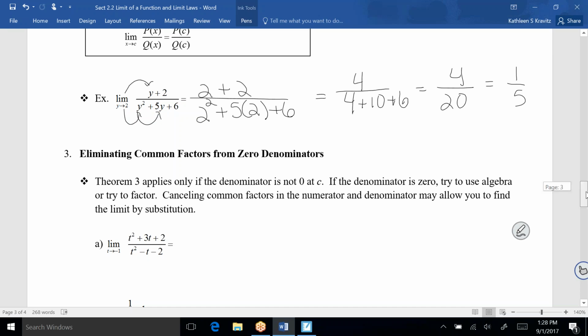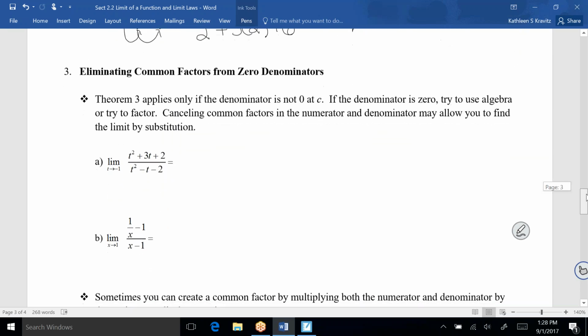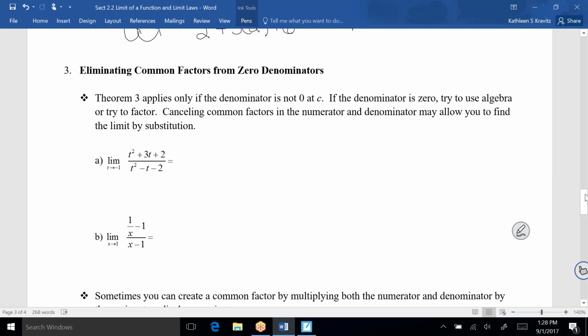All right. Part 3, eliminating common factors from 0 denominators. So theorem 3, the theorem that we just did, applies only if the denominator is not 0 at C. Everything would be really great if we could just plug a number into every function that we have. But it doesn't always work that way because sometimes the denominators end up being 0.